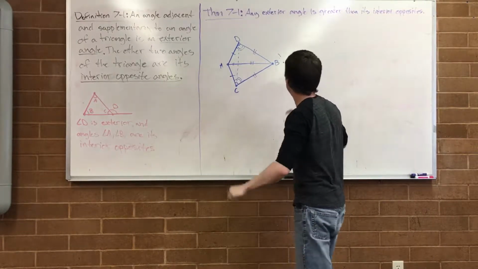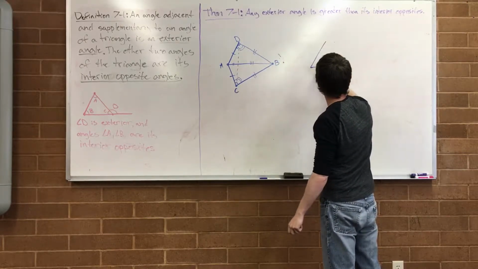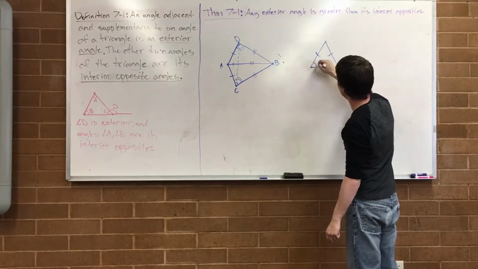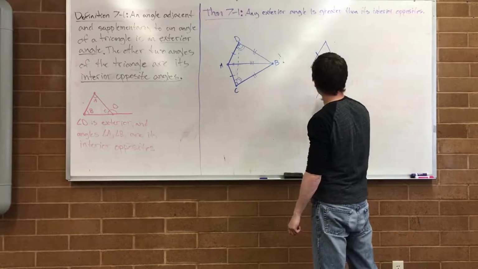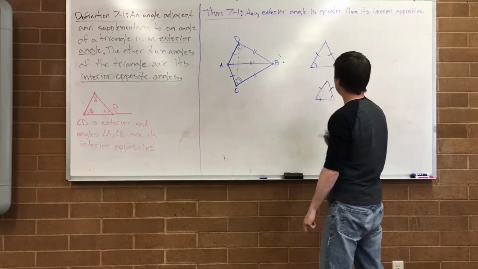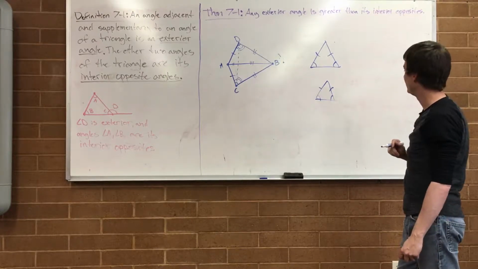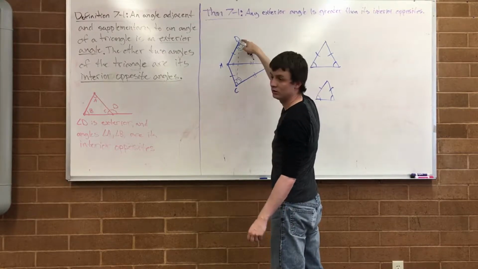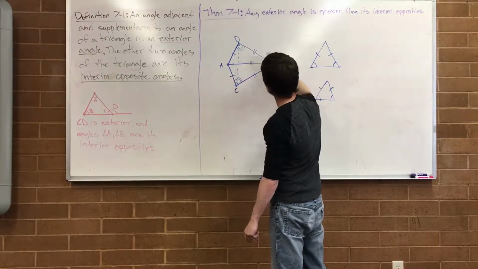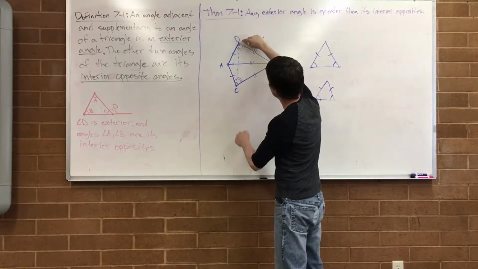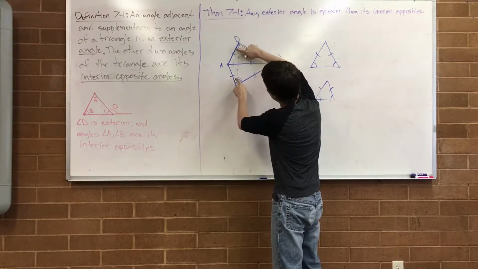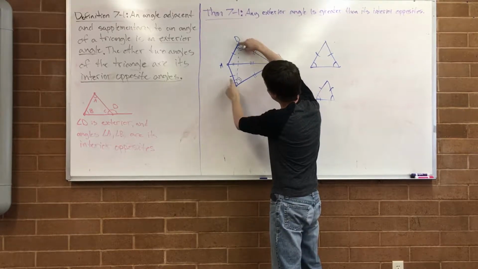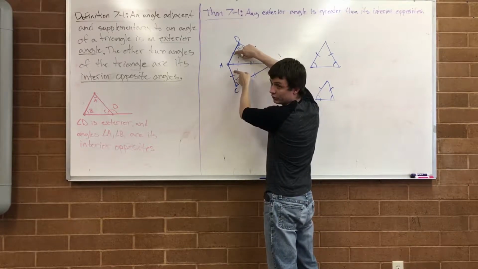So we had two theorems about isosceles triangles. If we had an isosceles triangle, these angles were congruent. And we also proved that if these angles are congruent, so are these sides. Looking first at triangle CAD, I knew that was an isosceles triangle because those two sides are congruent, which is the definition of an isosceles triangle.